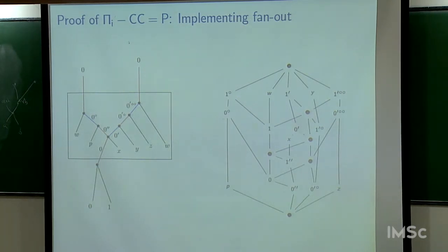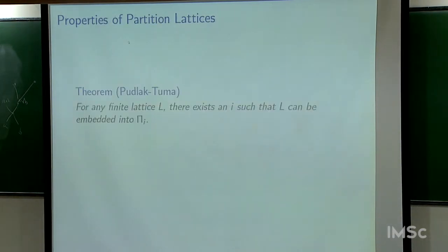Right. But we are not done, because this is kind of an arbitrary lattice and it's not clear. If we change the accepting element from this one to some other element, it's not clear whether the class would remain the same or not. So there is this theorem by Pudlak and Tuma, which says that any given finite lattice can be embedded into some partition lattice.